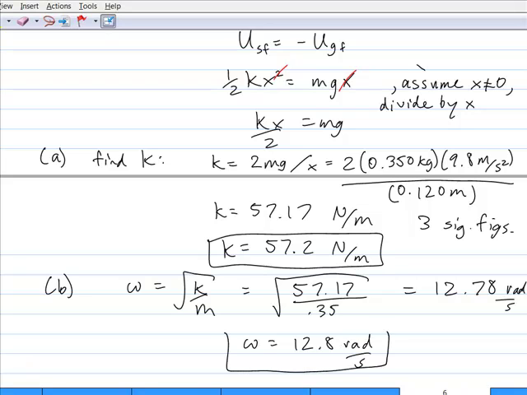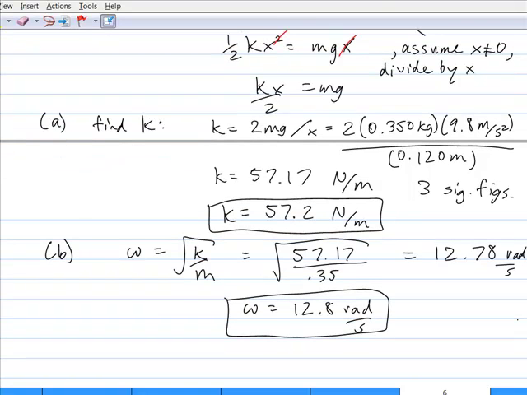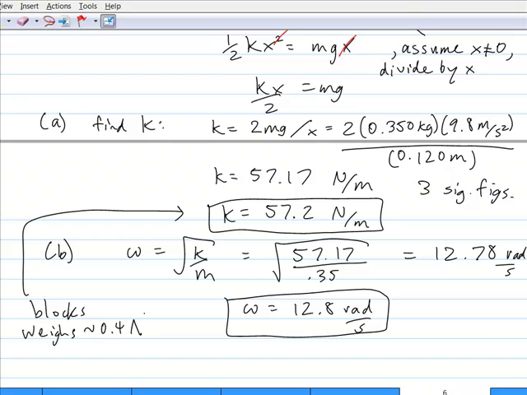Just want to quickly look back to make sure that this sort of makes sense. The block weighs about 0.4 kilograms.